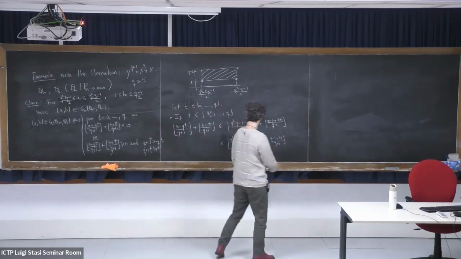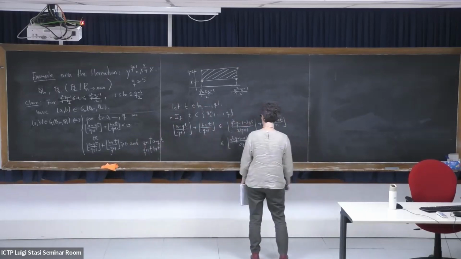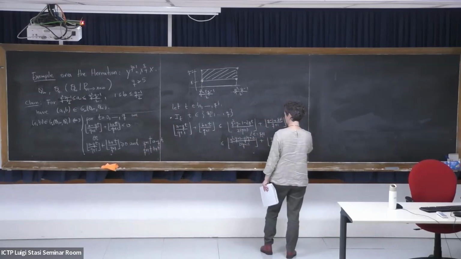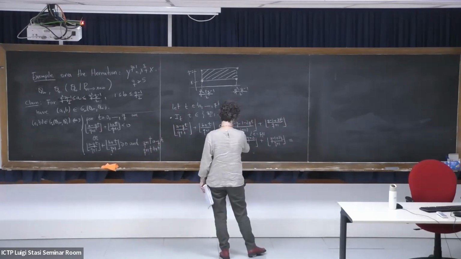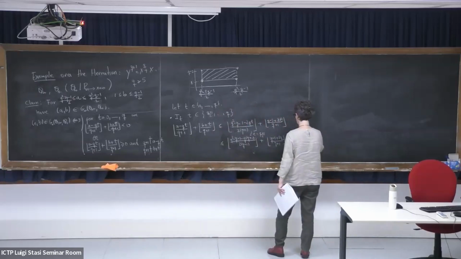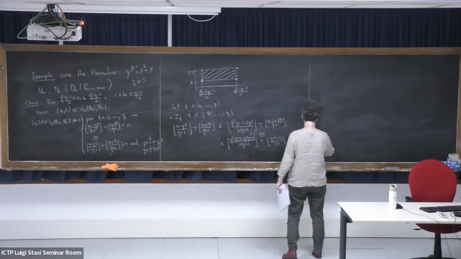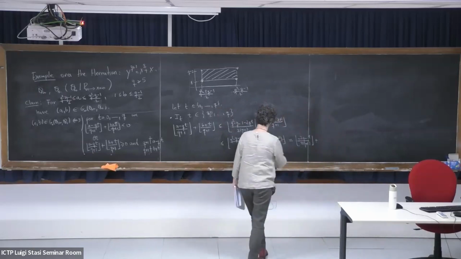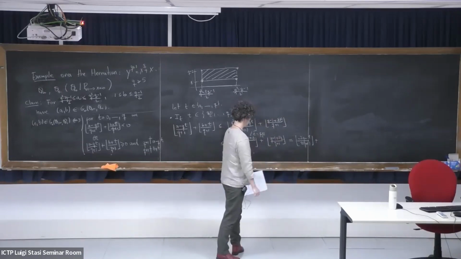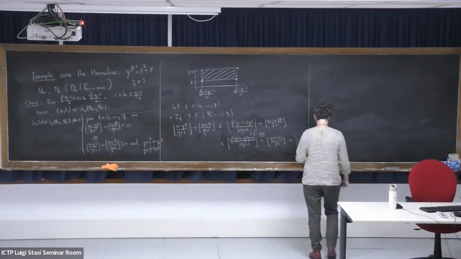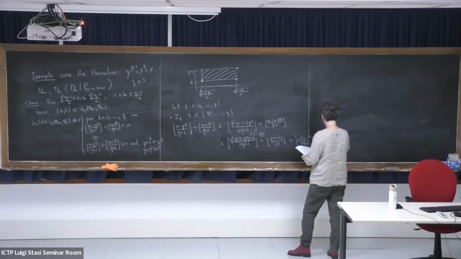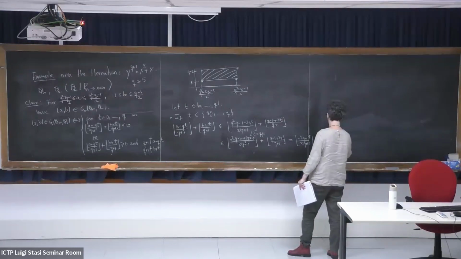I just need to do some computations. The squares go away, I get minus Q, so I get minus 2Q minus 1 over 2 times Q plus 1, and I get 3 times Q minus 1. I can write this as 2Q plus 2 plus Q minus 3 over this.